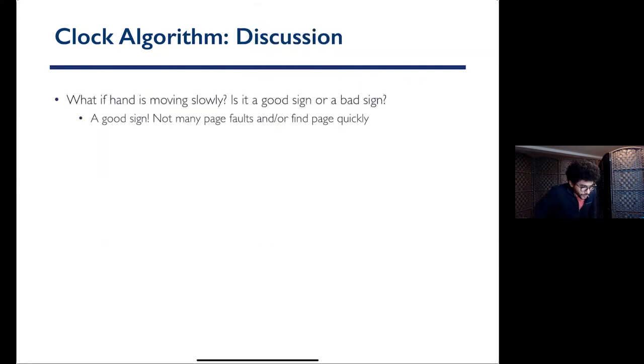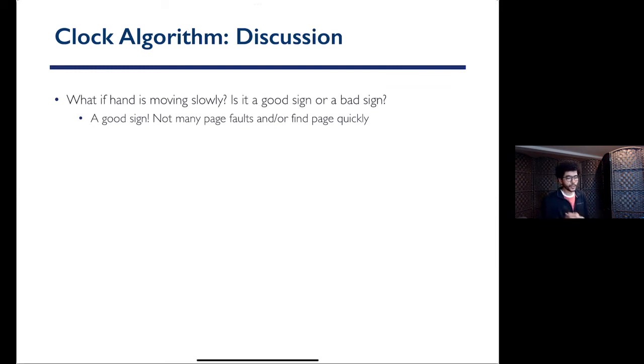Okay, now let's look at this clock hand and trace how often it advances. Obviously, we advance the clock hand every time we have a page fault. So if the hand is moving really slowly, it means that we're not having many page faults, and that's a good thing.